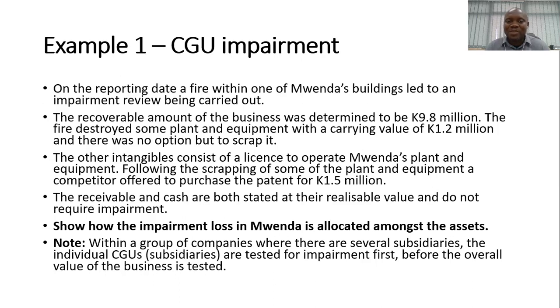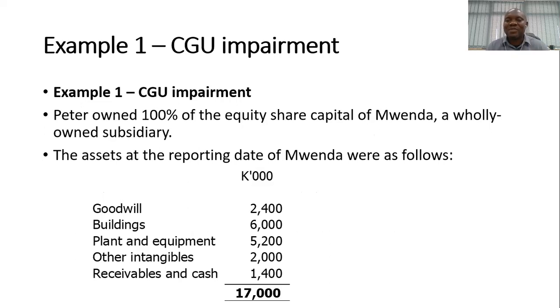The recoverable amount of the business was determined to be 9.8 million kwacha, yet the carrying amount was 17 million before all these other things. The fire destroyed some plant and equipment with a carrying value of 1.2 million, and there was no option but to scrap it. So from our plant and equipment, whatever value that we have there, we have to less 1.2 million.